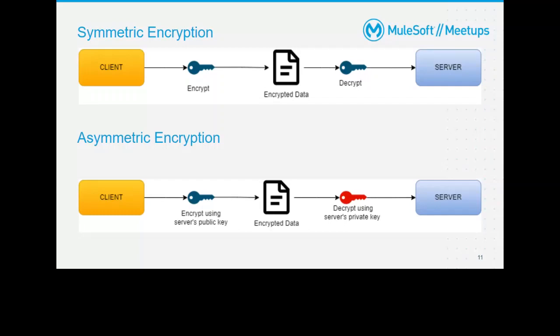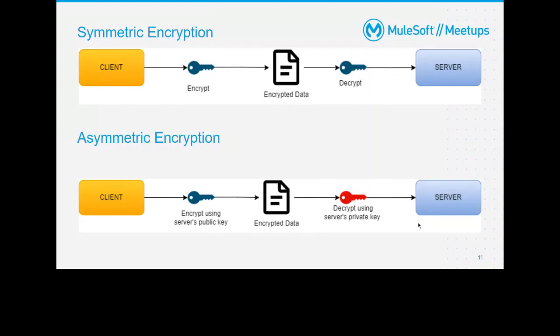The client writes a message and encrypts it with the server's public key, and now you can see the encrypted data. As it reaches the server, it will decrypt the encrypted data with its own private key, and hence you get the original message.